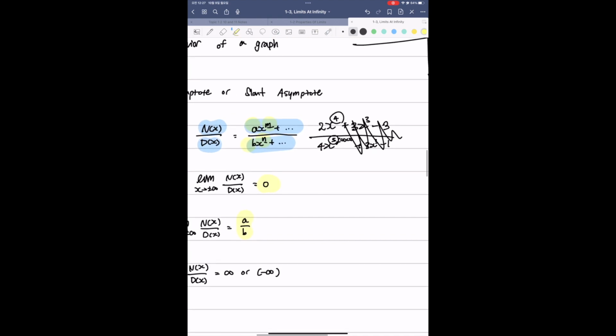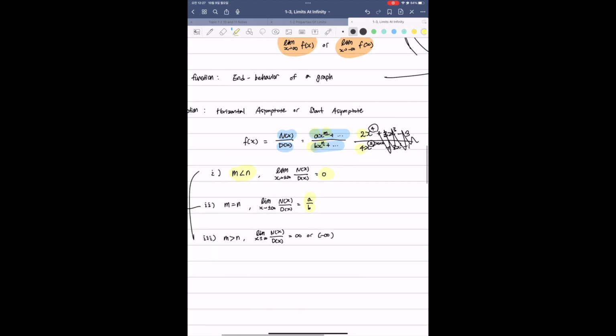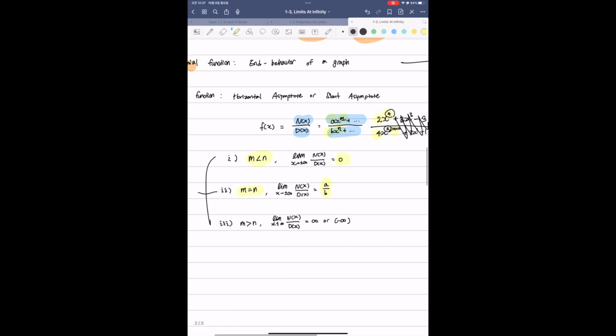In this case, a and b should be 2 and 4, and m and n should be 4 and 4, because they should be equal. 3, if m is greater than n, then it should be infinity or negative infinity, and it depends on which way the function is limited to.